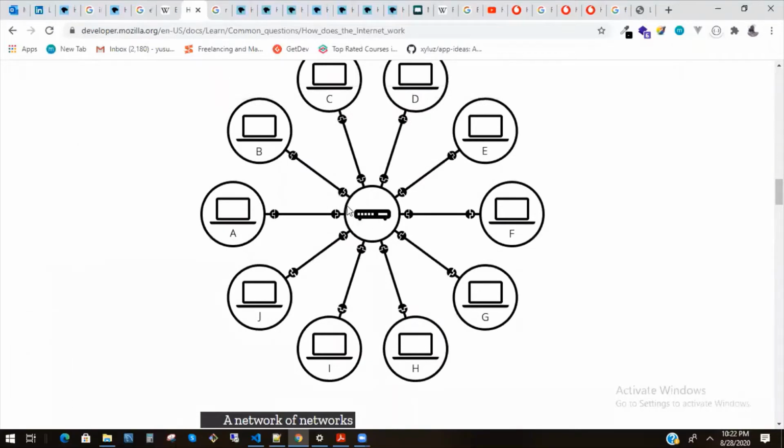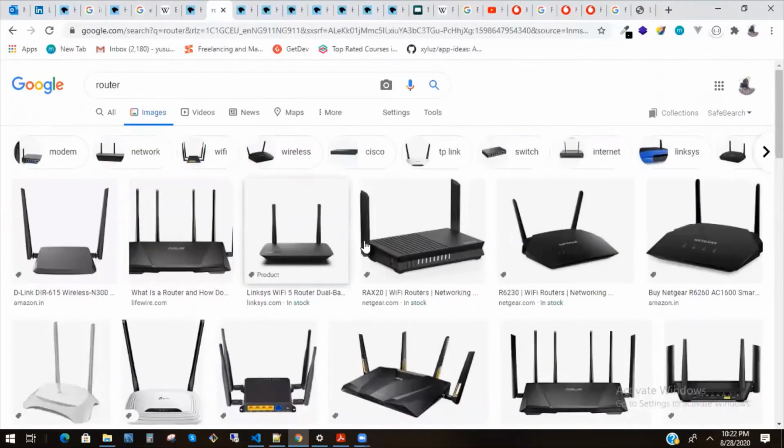This is an example of a router. You can see this is how it looks. It's a computing device that allows information to be shared between two or more networks.